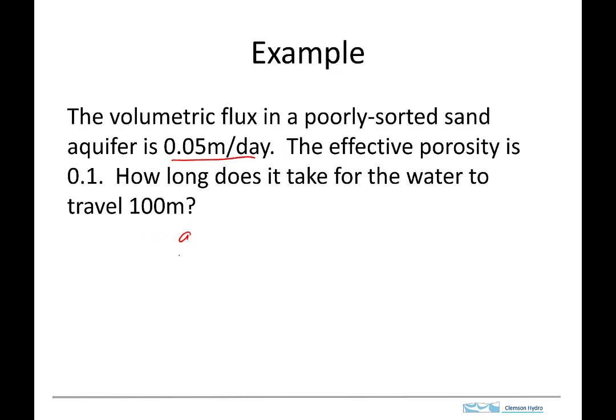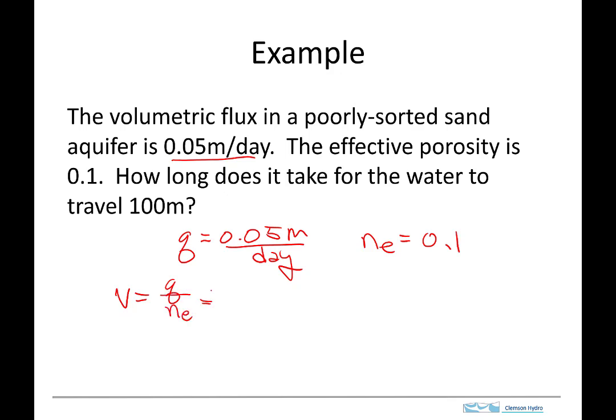So if the flux is 0.05 meters per day and the effective porosity is 0.1, then the velocity is going to be equal to the flux divided by the effective porosity. So that'll be 0.05 meters per day divided by 0.1, which will be 0.5 meters per day.